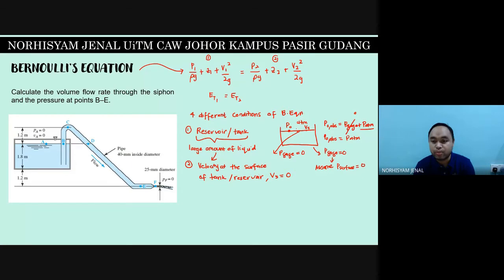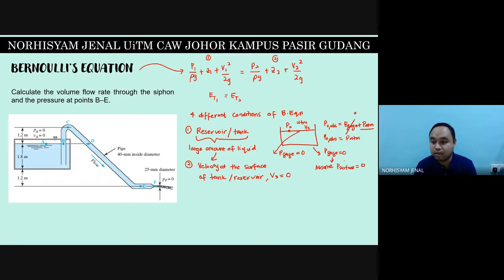Meaning, because we have a very large amount of water, the movement of liquid going down and up in the system should be relatively small compared to the movement inside the pipe. So we assume the velocity at the surface of the tank or reservoir should equal 0 also.